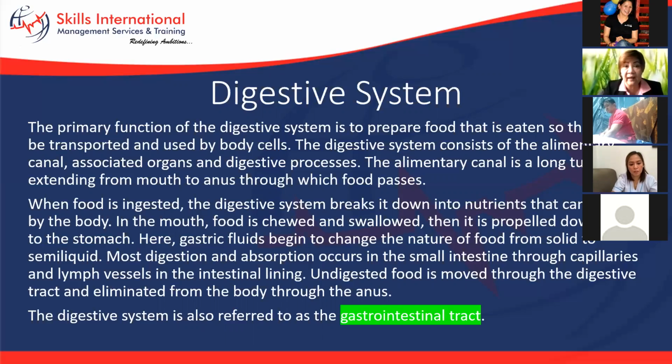So here, yung gastric fluid natin, it helps to change the nature of the food from solid to semi-liquid. So most digestion and absorption occurs in the small intestine through capillaries and lymph vessels in the intestinal lining. Undigested food is moved through the digestive tract and eliminated from the body through the anus.